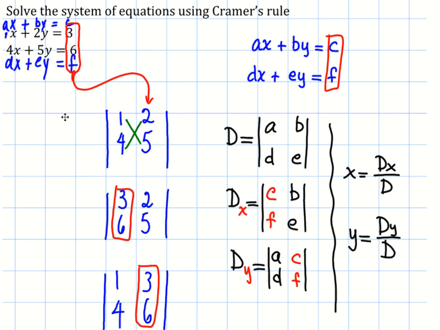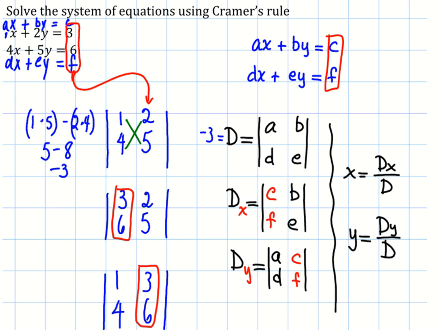I want my main diagonal, which would be 1 times 5 minus 2 times 4. So that's 5 minus 8, which is a negative 3. So D is equal to a negative 3.